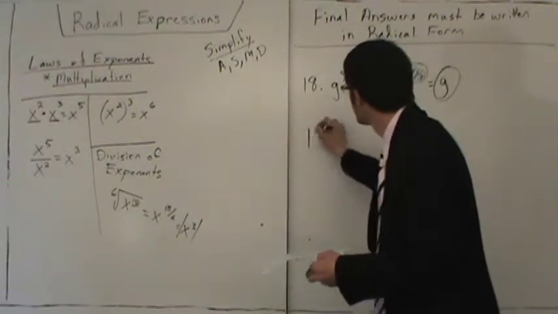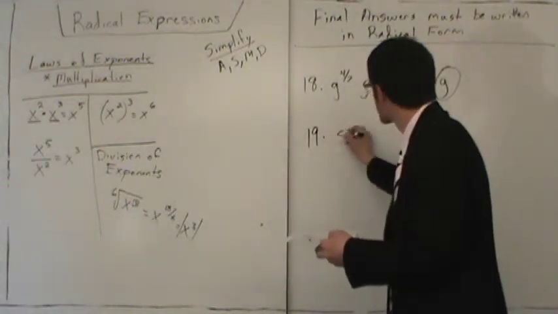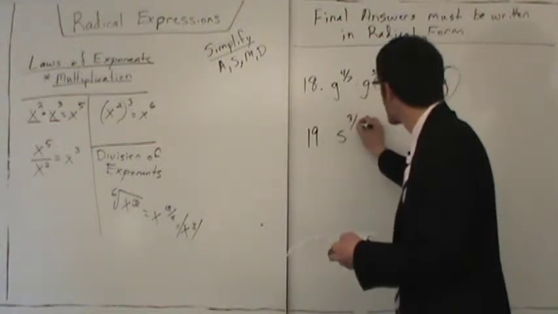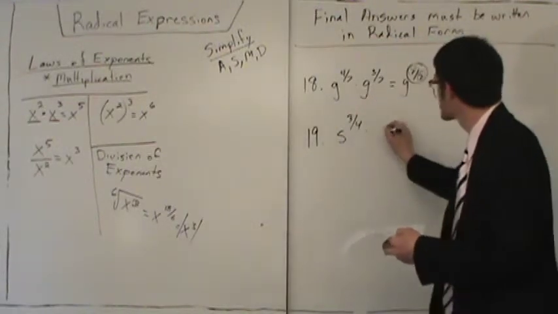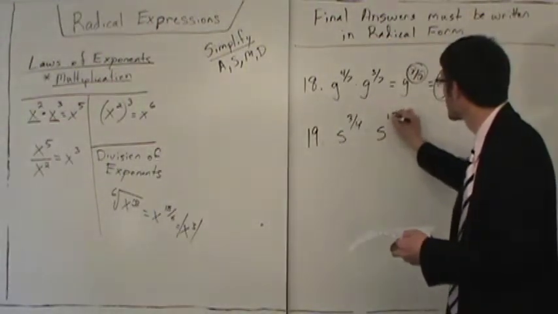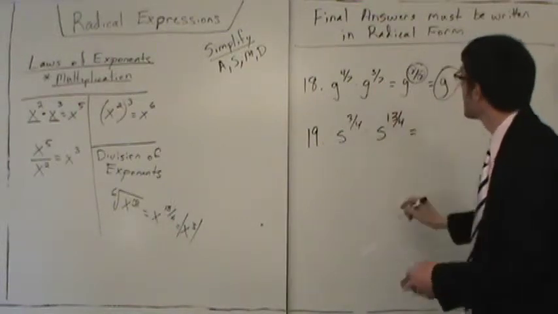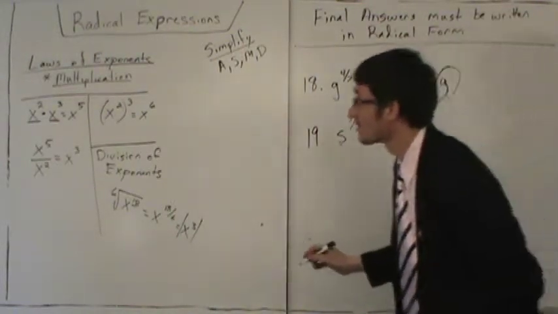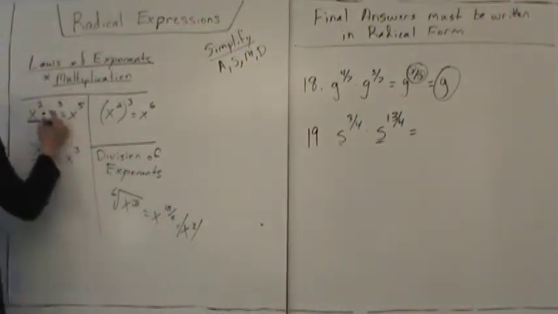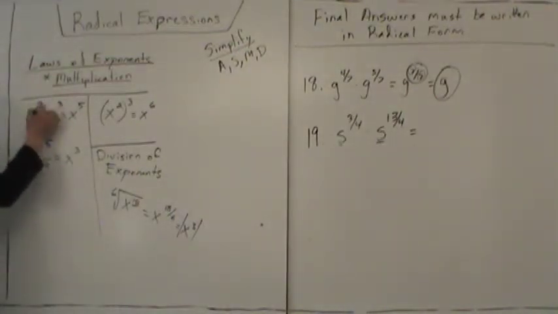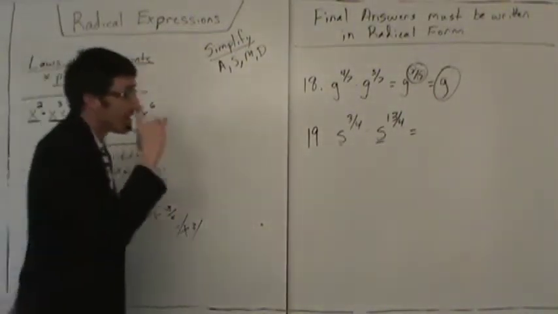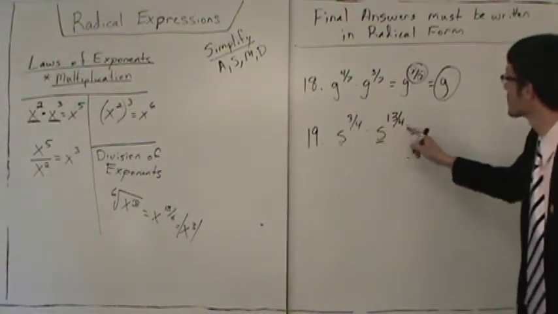Number 19 is s to the 3/4 power multiplied by s to the 13/4 power. And notice when the bases match, we are adding our exponents. Okay, so here we're going to do 3/4 plus 13/4.